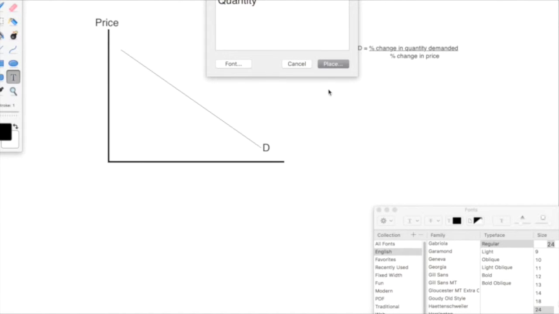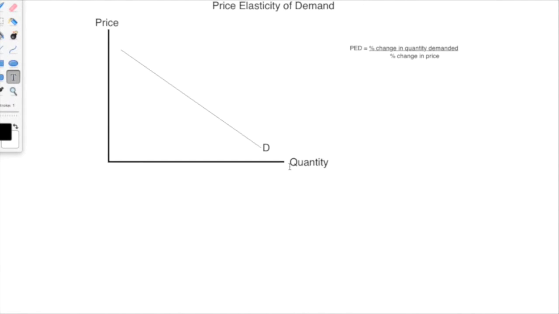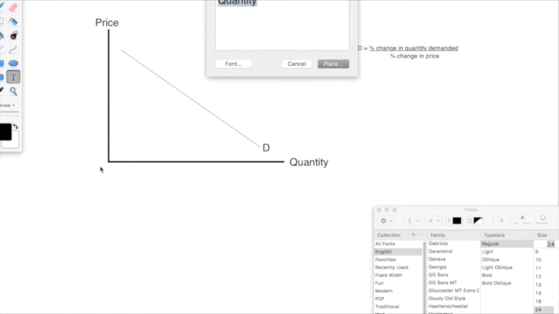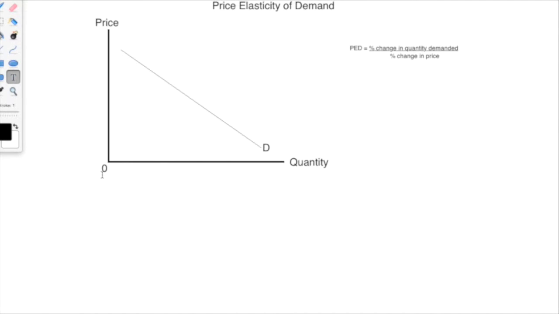Let's mark that 0. And let's basically draw a line where at a certain price that will be the quantity. So let's make a connection to both the axes here. Let's get that straight. Okay, here we go.